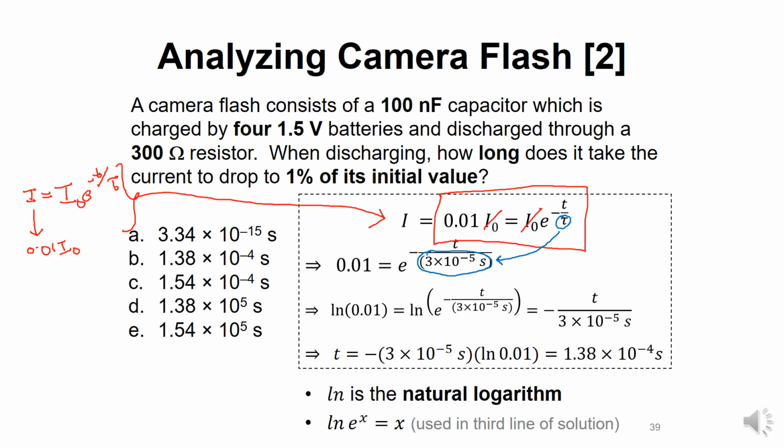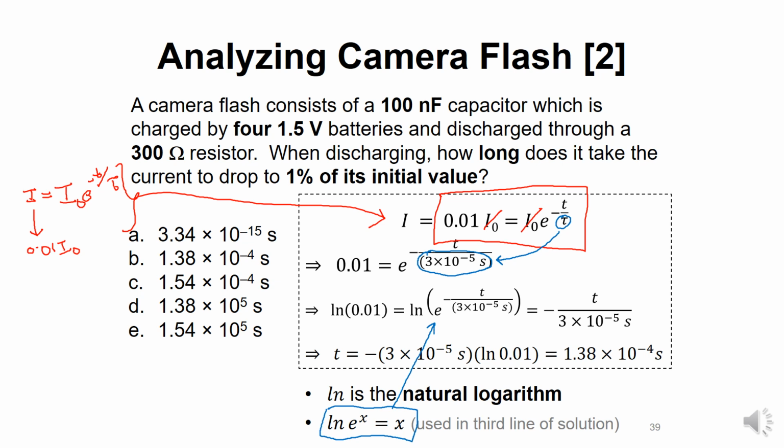What happens when you take the ln? Let's look at the notes at the bottom. This is the property that we need to use, I'll put it in a box: ln of e to the x is the same as x. In other words, whenever you have an exponential function in an equation, you take the ln on both sides, and for the term that has e in it, the e goes away.